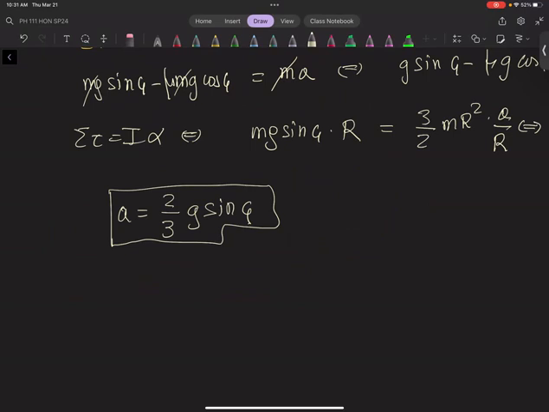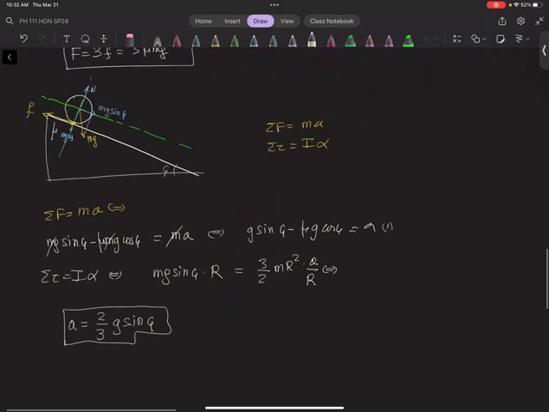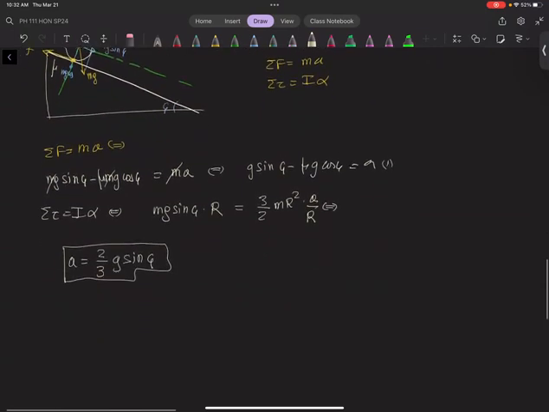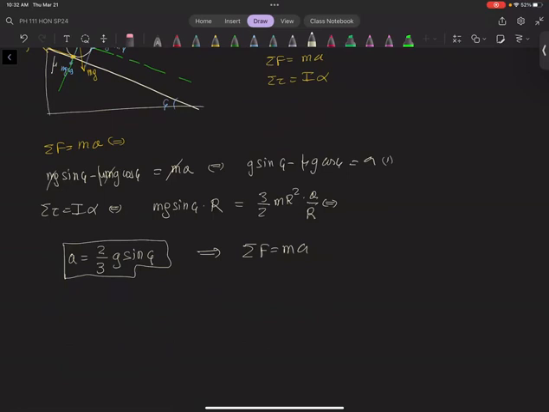But algebraically, I can find it. How? Well, you take this acceleration right here. Go back to the sigma of F equals ma that you have from before. Here it is. Yes, equation 1: g sine phi minus mu g cosine phi.